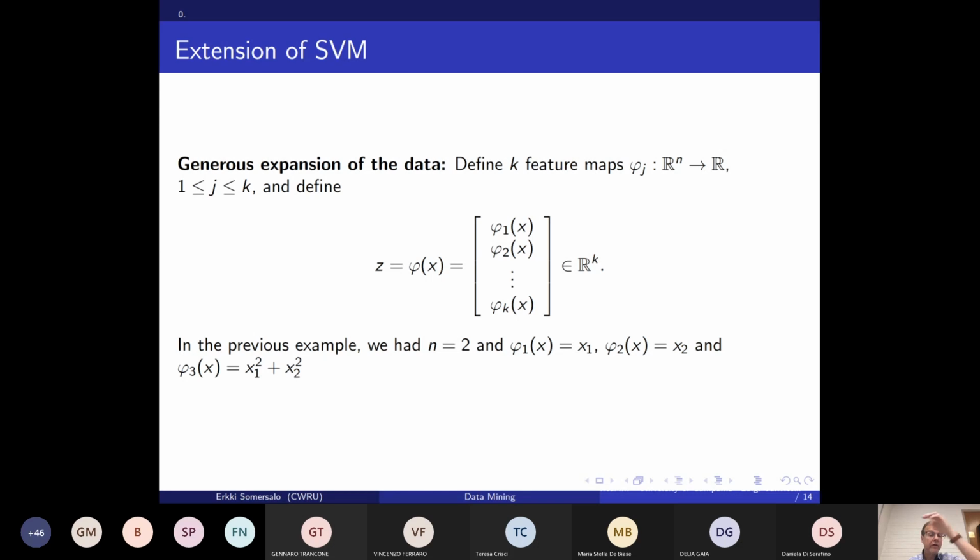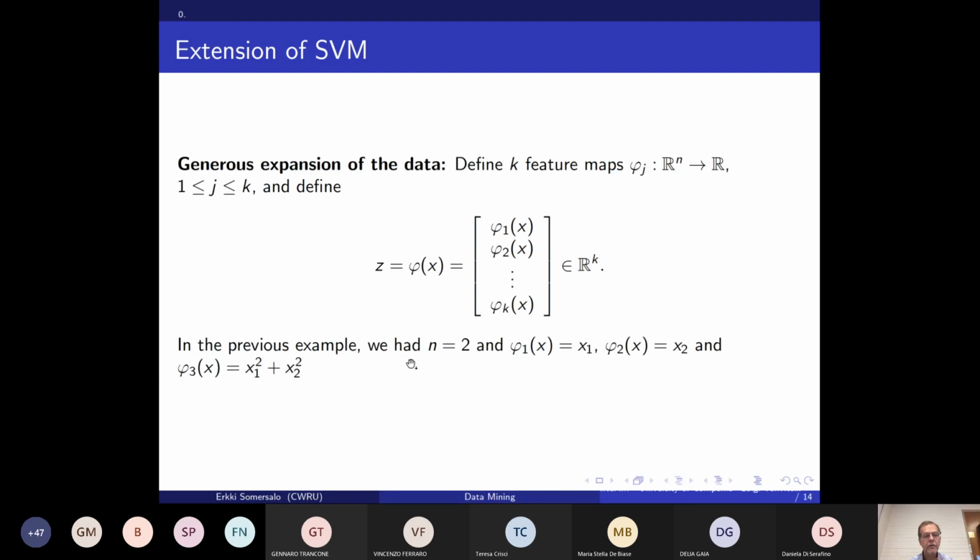So we define k feature maps, phi1, phi2, etc., phi k, and then we send our data points x, which lie in the low dimensional space, into this high dimensional space of k components. We define a new data set to be the z points, which are phi of x.